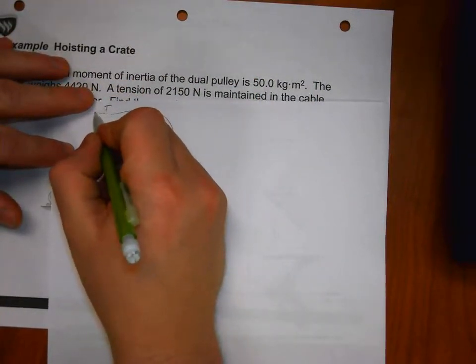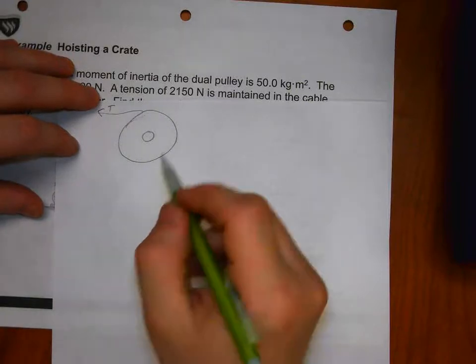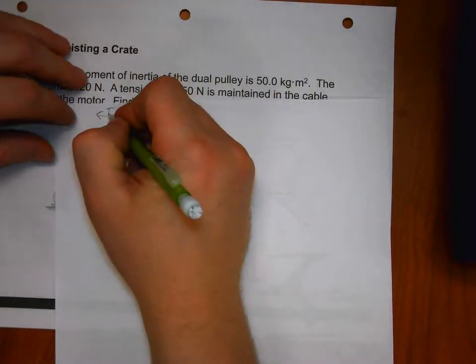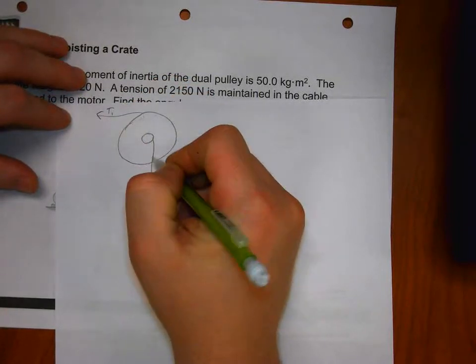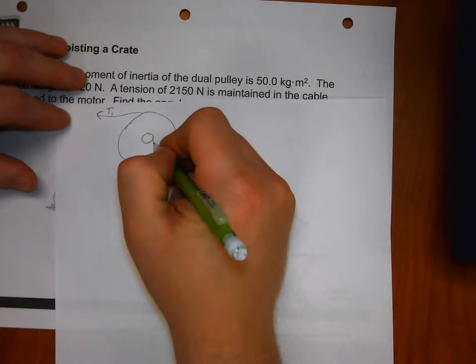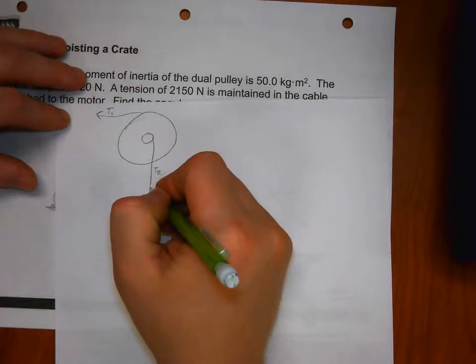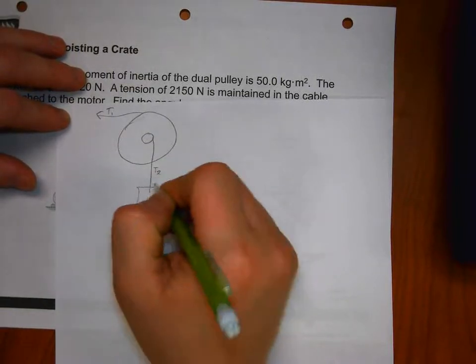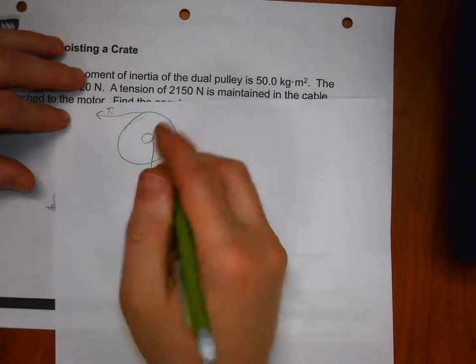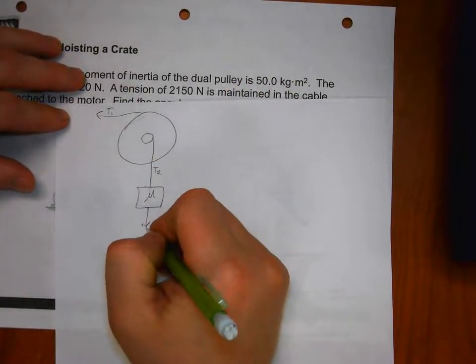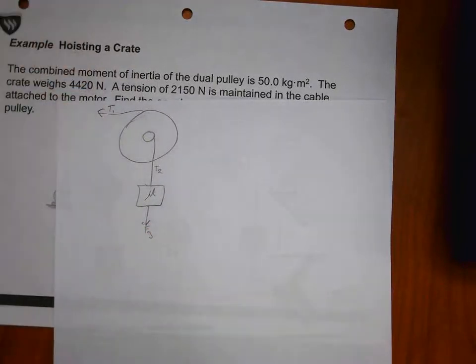So we have tension working this way, and I'm going to call that T1 because we have another tension here, T2, which attaches to this block of some mass, and that experiences the force of gravity downward.